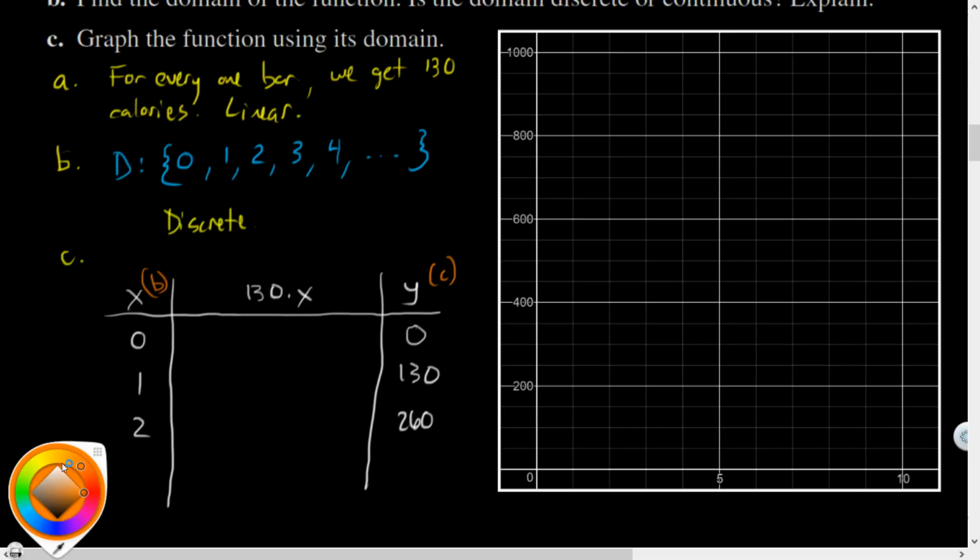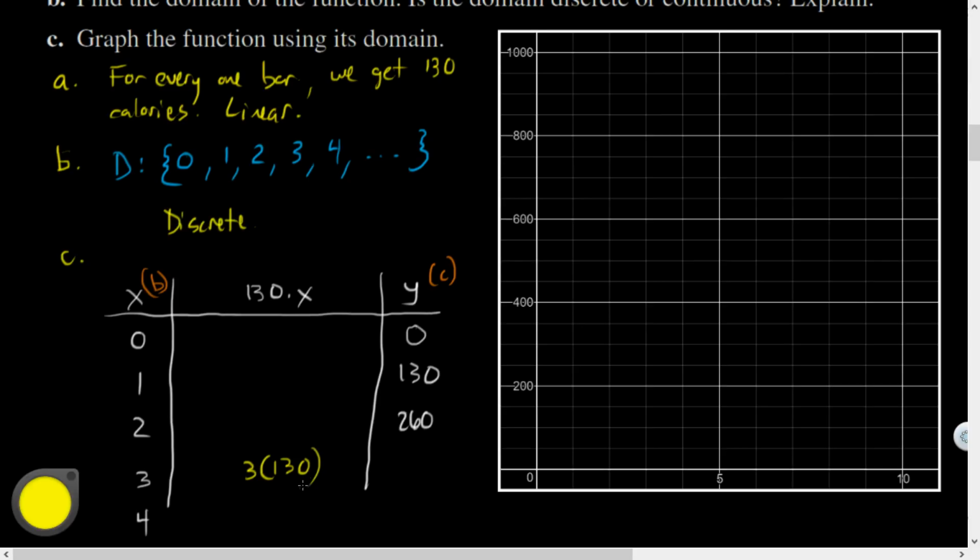So let's find some more. We'll go out to 4 maybe, and then we'll predict the rest. Okay, so Cameron, 0 times 130 was 0. 1 times 130 was 130. This was just increasing by 130 each time. Because I knew this was linear, I actually could avoid doing some of the work. So 3 times 130 is 390.